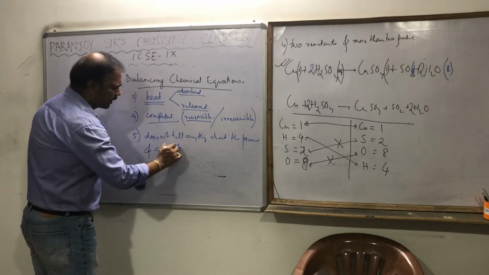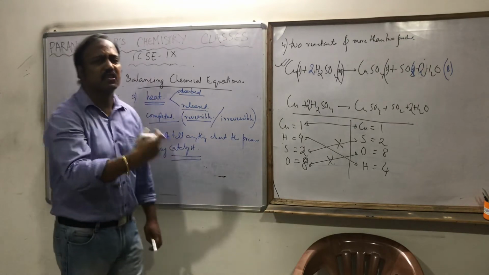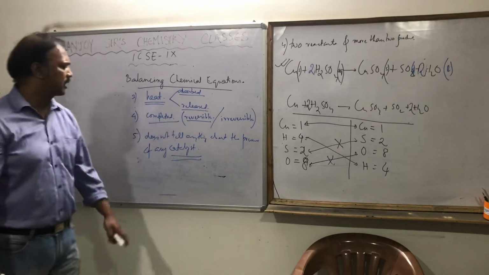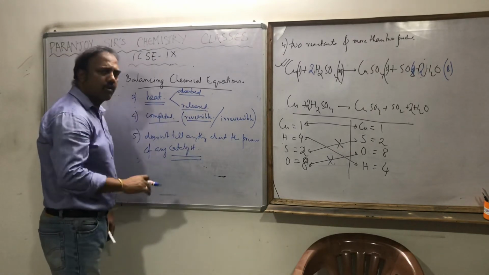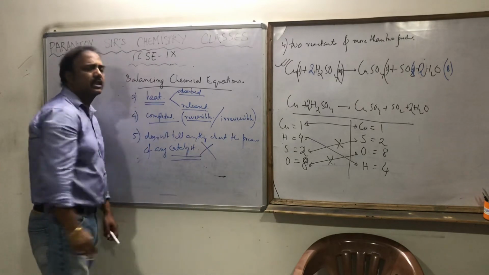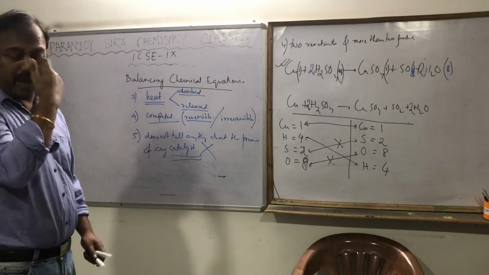You know catalyst? A catalyst is a foreign substance which is speeding up the reaction. Whether the catalyst is there or not, whether it is speeding up the reaction or not, nothing is told in this chemical equation. So these are the drawbacks.